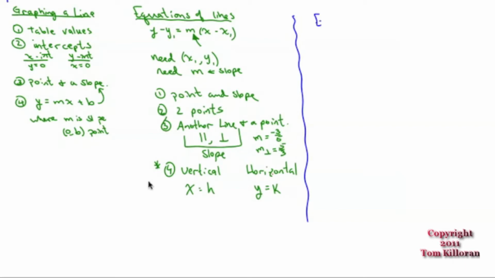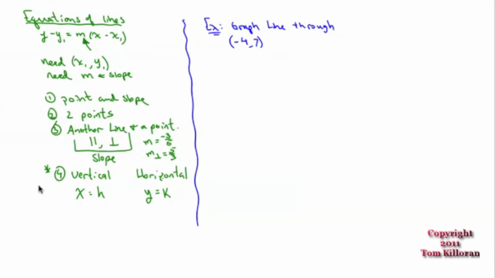For example, graph a line through -4, 7 with a slope of -4.